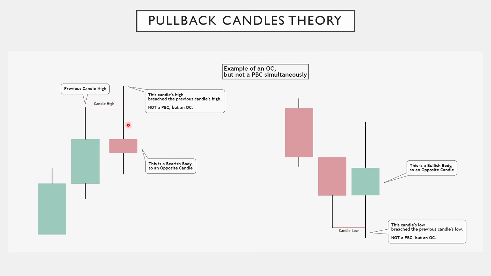The wick in this case went above that previous candle's high. So this candle is not a pullback candle. It is an opposite candle, because when it comes to opposite candles, we only look at the body, but it's not a pullback candle. So then the next candle should not cross that current candle's high.